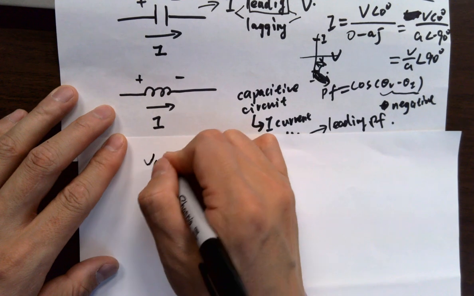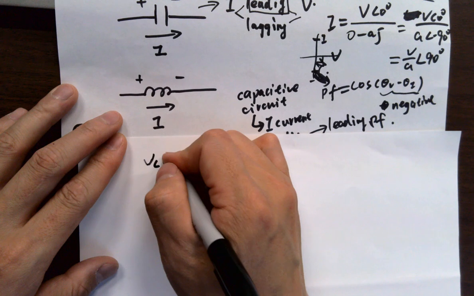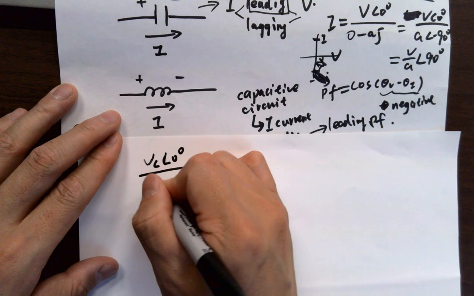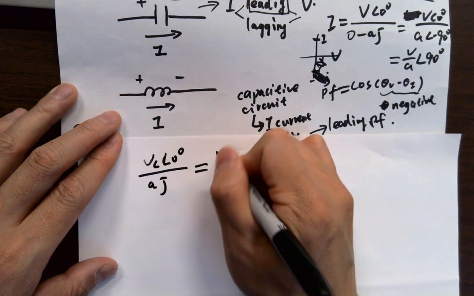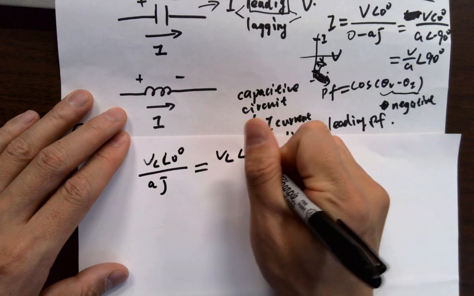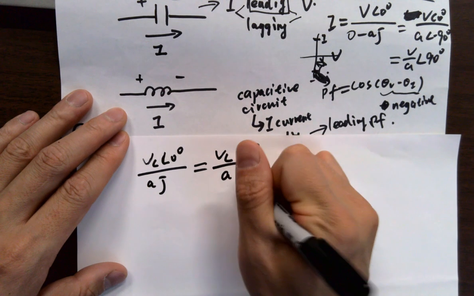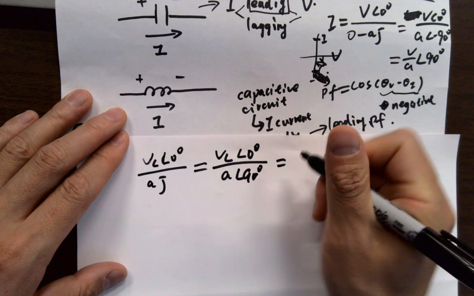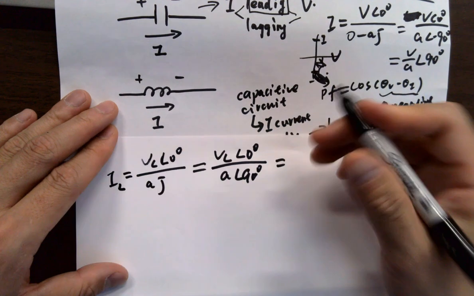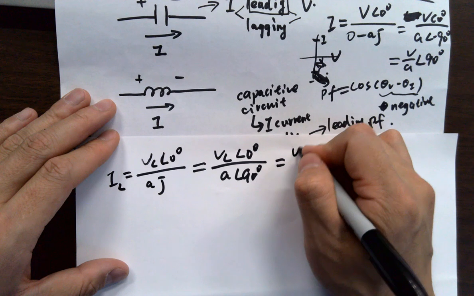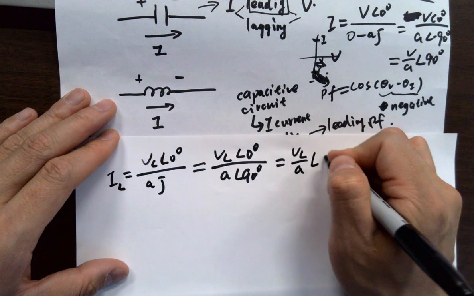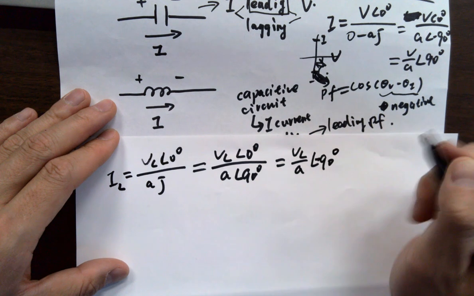This VL 0 degrees over AJ, which is VL 0 degrees over A, 90 degrees. So this becomes VL over A and negative 90 degrees.